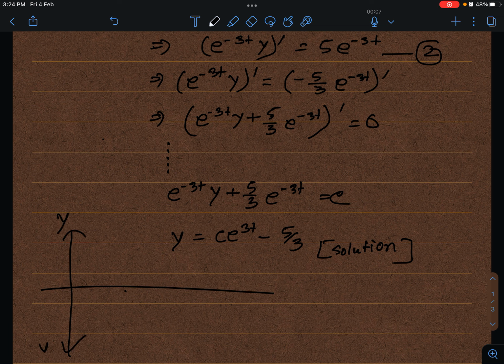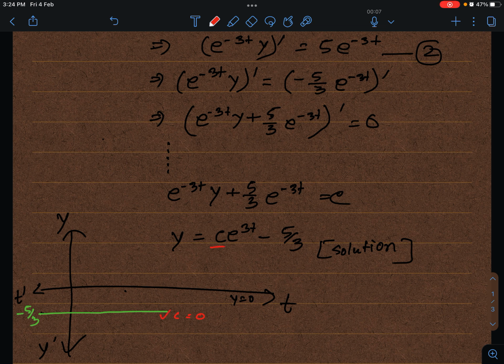For c equals 0, we have this solution. Let's draw the solution lines in a different color, say green. This would be the solution minus 5 by 3 for c equals 0. If you put c equals 0 here, then you get y equals negative 5 by 3.